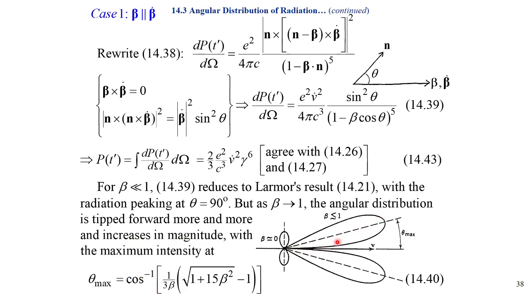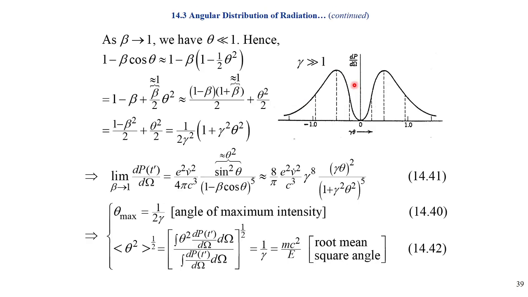The maximum intensity theta can be found from here. Let's beta parallel to beta dot. Let's beta dot is in the same direction. What happens if beta dot is perpendicular to beta? Not finished yet. Another case.